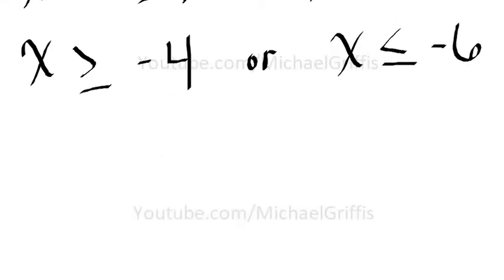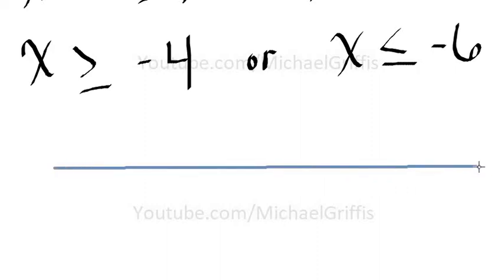Now what we'll want to do is draw the number line, so we have a picture to look at. I'm trying to get this to be a straight line, but it's not cooperating, so let's just go ahead.